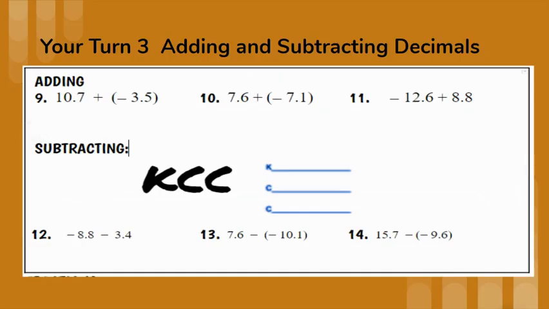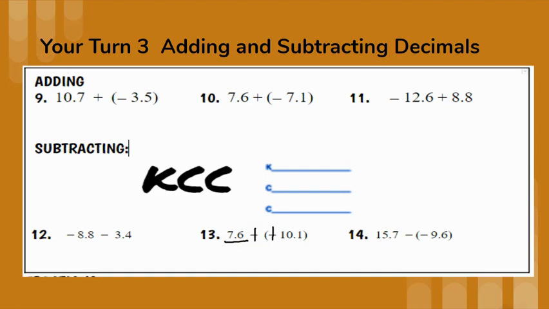Okay, so your turn, just practicing some of this. One of them that's a little tricky is when you're minusing a minus. If you want to use that keep, change thing, you keep the first number, change the sign, change the sign. So in the end, you're really just adding them together. So when you're minusing a minus, think keep, change. But on number 12, you're just minusing 2 different signs.